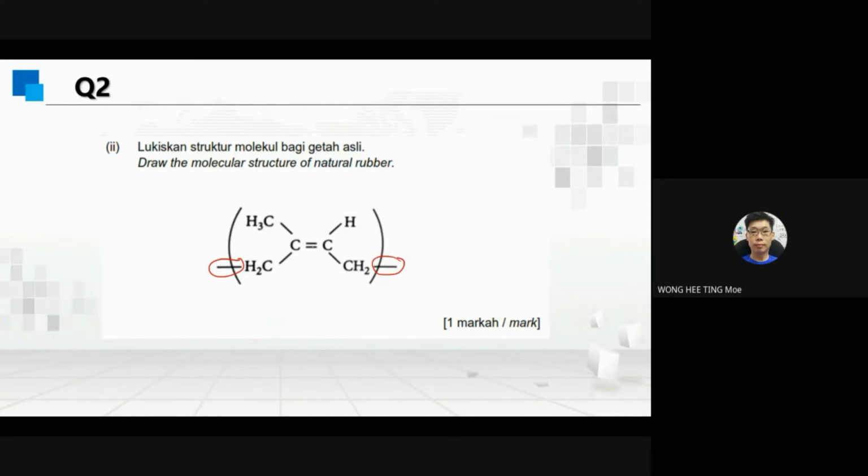The double bond changed to only one carbon-carbon double bond here. This one times n, should be times n. Yes, this is the natural rubber now.